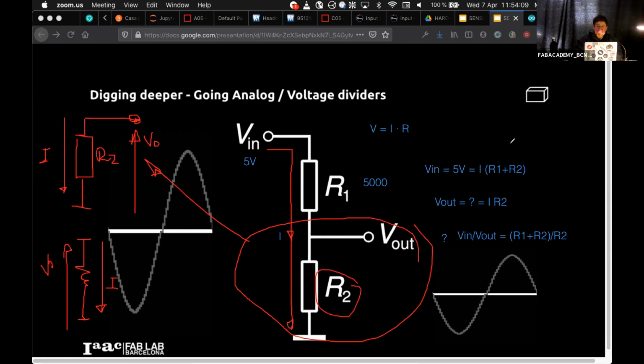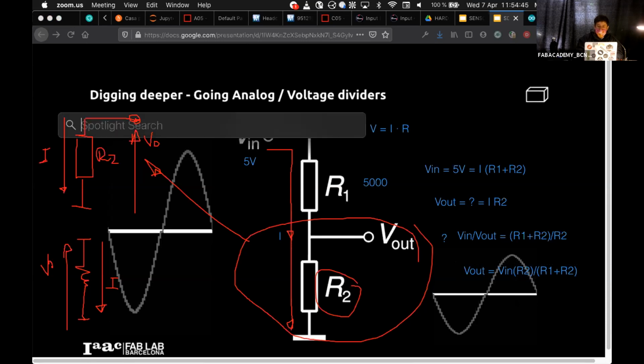So basically now, as you have derived, if I divide both sides, V in divided by V out, and R1 plus R2 divided by R2, I can just rearrange this a little bit, and basically V out is equal to V in times R2 divided by R1 plus R2.